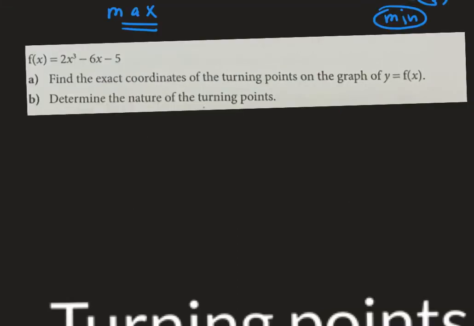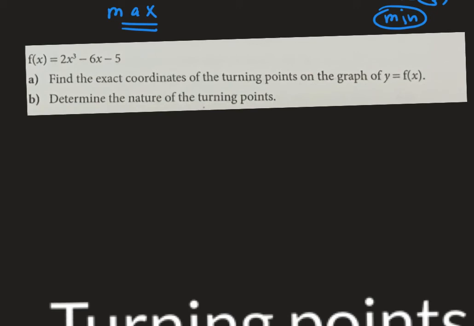Now your turn to solve. f(x) equals 2x^3 minus 6x minus 5. Find the exact coordinates of the turning point and determine the nature of the turning point. Pause the video and solve, then check your answer later.